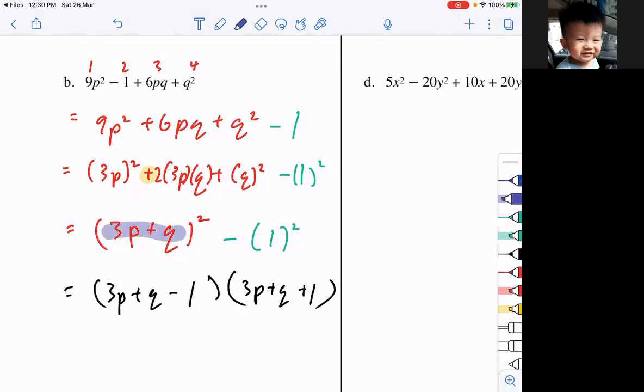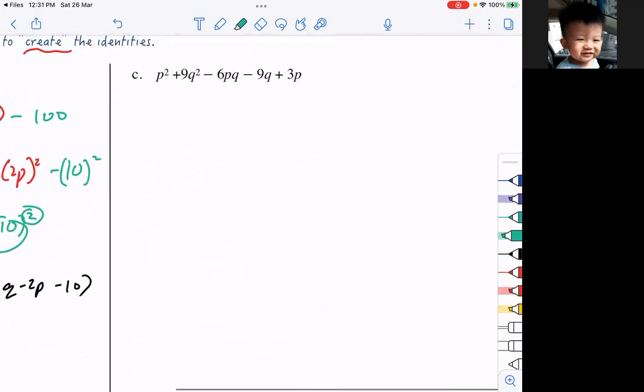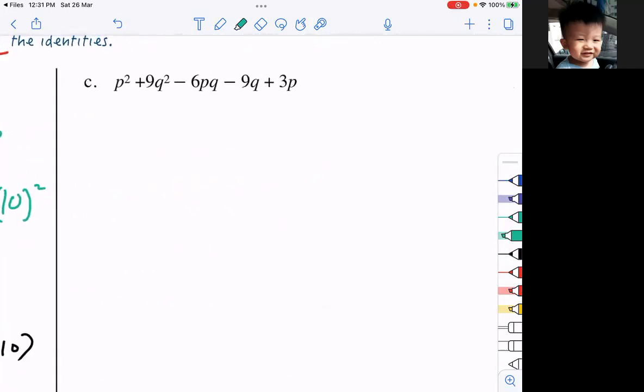This is a, this is b. So a squared minus b squared turns into a minus b, a plus b. And easier, not easy. I think it's very hard. Okay, moving on. This C is troublesome. It has 5 terms.